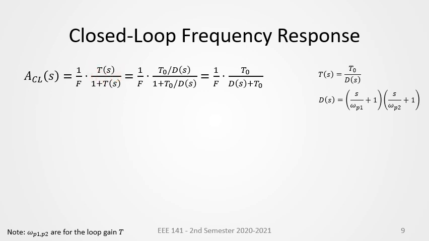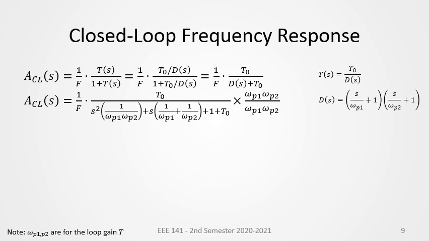We will use D of s to denote the denominator of the loop gain, which should contain two factors of our two-pole system in consideration. Multiplying both numerator and denominator by D of s, we get that the closed loop gain ACL of s is 1 over f times T naught over D of s plus T naught.